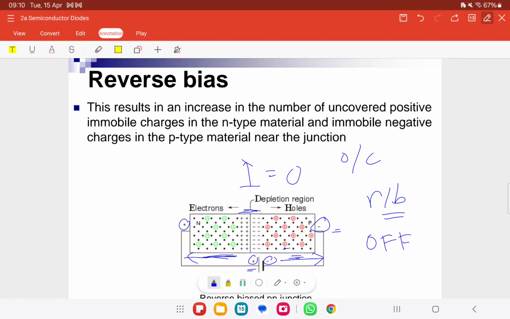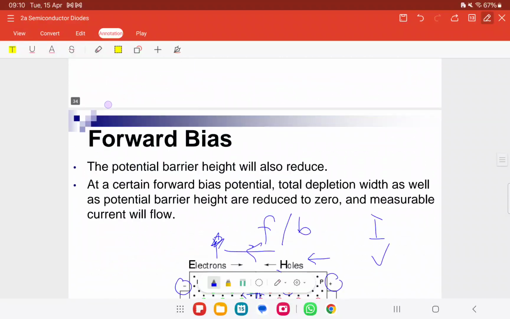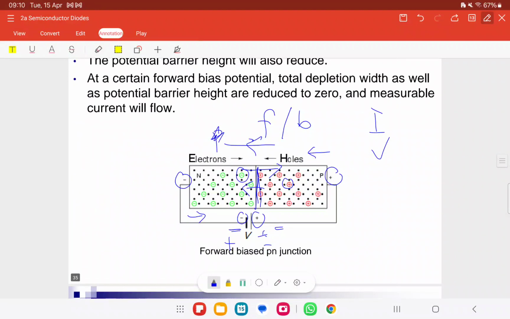Off, open circuit. For forward bias, the current can flow. On condition. We have the value of the current I. Current can pass, for the on condition.